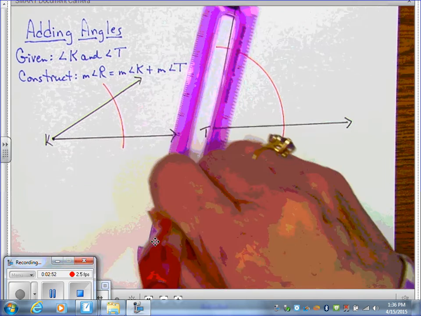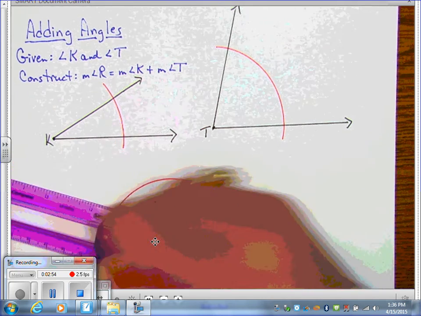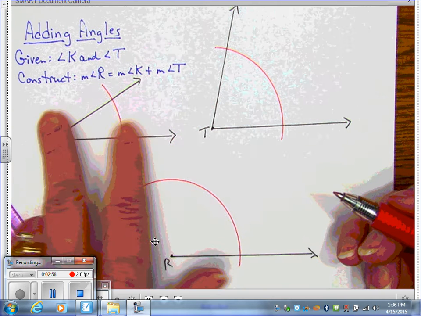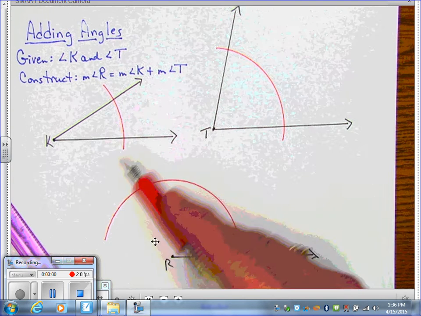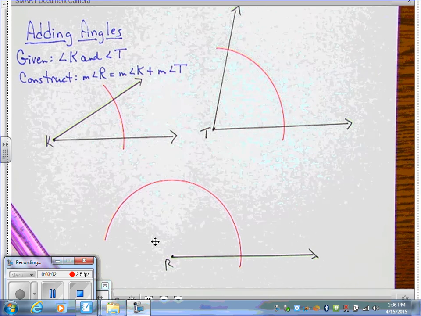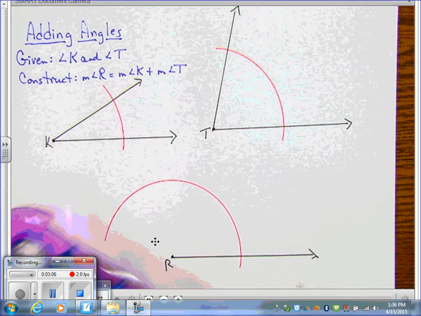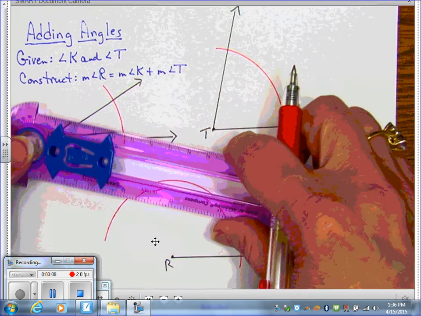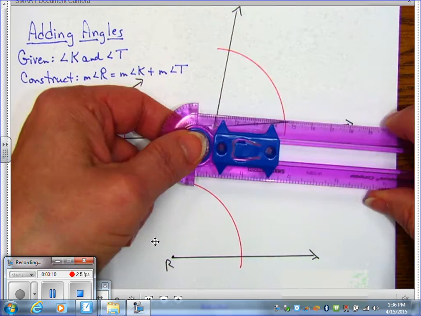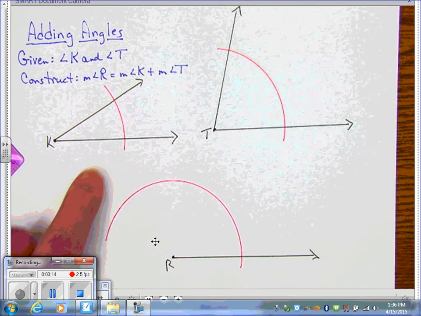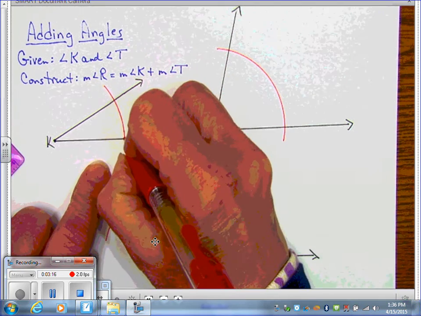This has to be the very same arc. And by the way, this one needs to swing on around a little more into the obtuse because we're adding those two measurements, and we can pretty well see with our eyes that's going to be an obtuse angle. Okay? So we've taken our favorite arc. We arced it with center at K, center at T, center at R. Well, we have some intersections here.